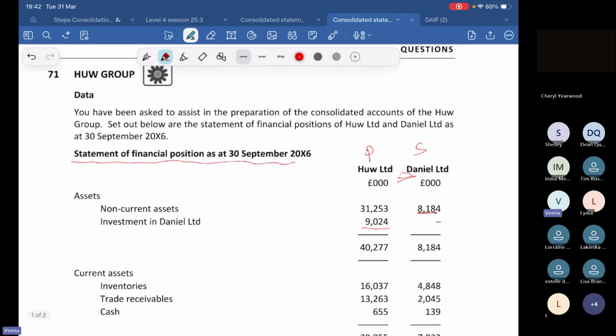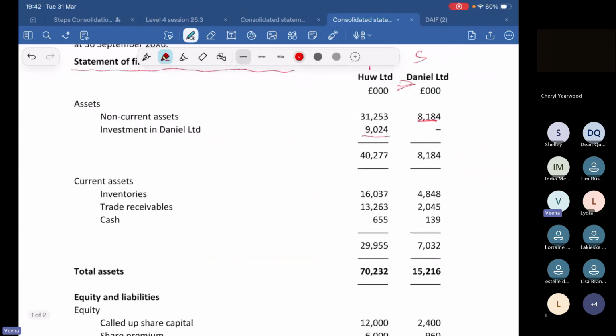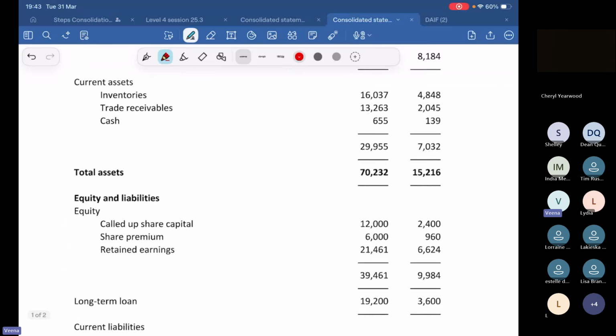When I do this, guys, forget Hugh Limited. Just ignore the parent company for the time being. Just look at the subsidiary company's balance sheet. Till the end of this exercise, I do not need the parent company.